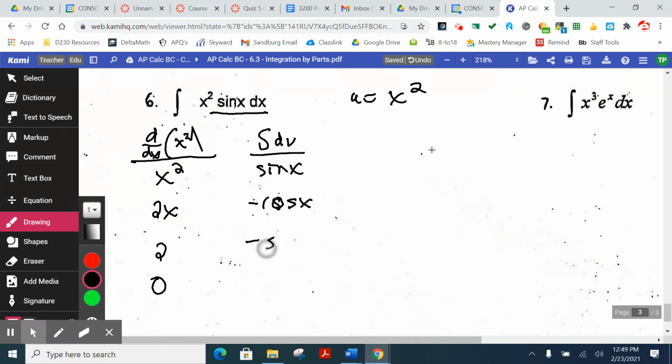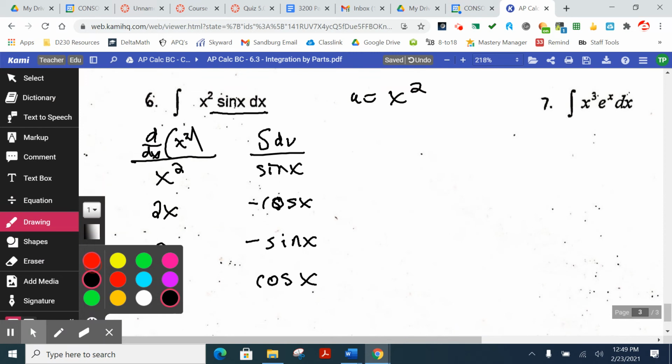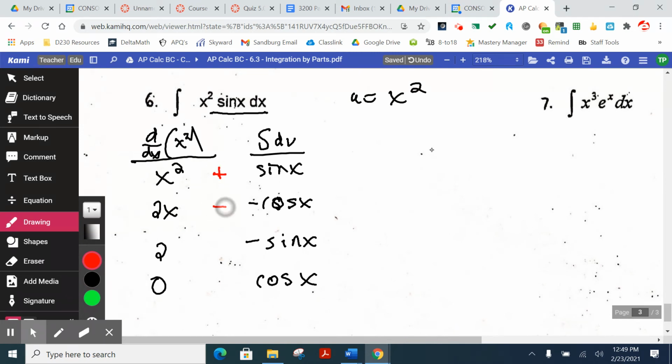Antiderivative of negative cosine is a negative sine. Antiderivative of negative sine is cosine. Then down the middle, we always start with positive, negative, positive, negative. We then multiply x squared times a negative cosine of x.